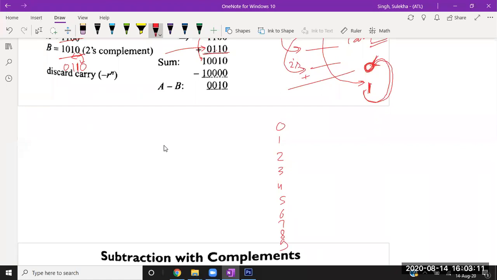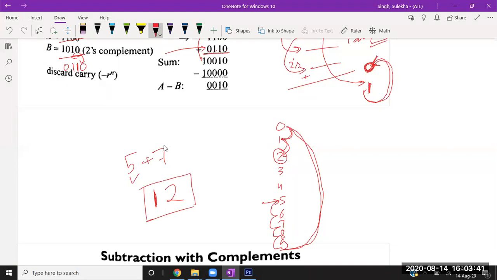If you want to add 5 plus 7, how are you adding it? You reach 5, then you take 7 steps: 1, 2, 3, 4, 5, 6, 7. Your final destination is 2, so you write 2. Since you have taken one round trip, 1 acts as a carry and your total answer is 12.